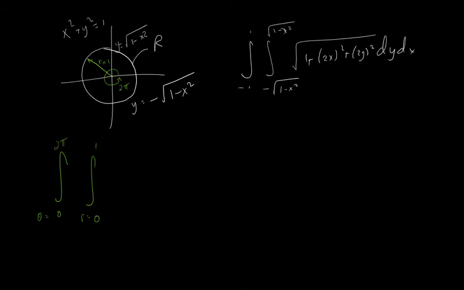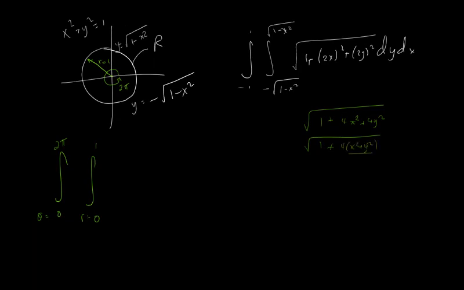Then we need to look at our integrand. Well, in rectangular coordinates, we had the square root of 1 plus 4x squared plus 4y squared dy dx, right? Well, that can be rewritten as 1 plus 4 times x squared plus y squared.